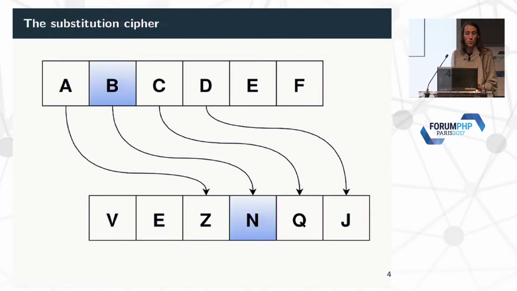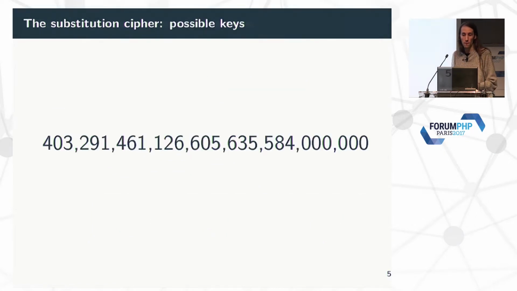It's significantly better in the number of keys. In fact, there are 403 septillion, 291 sextillion, 461 quintillion, 126 quadrillion, 605 trillion, 635 billion, 584 million different possible keys for a substitution cipher.